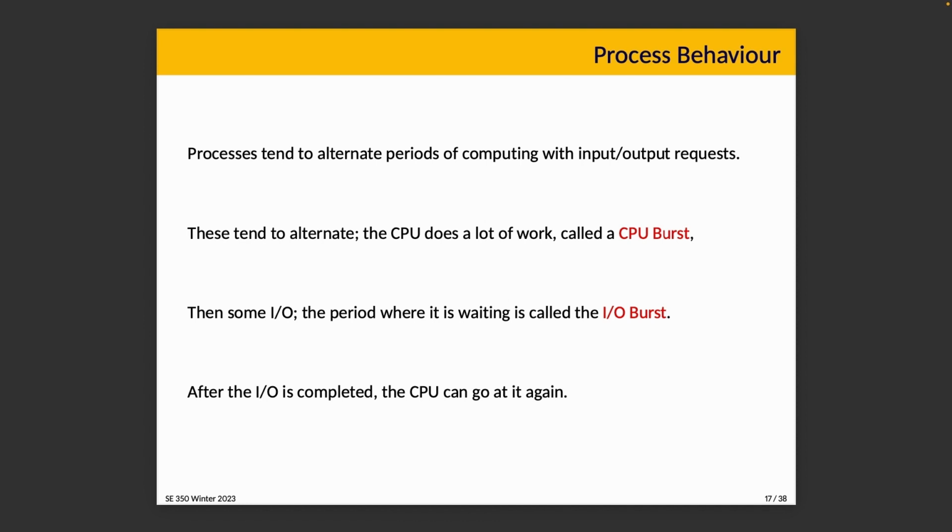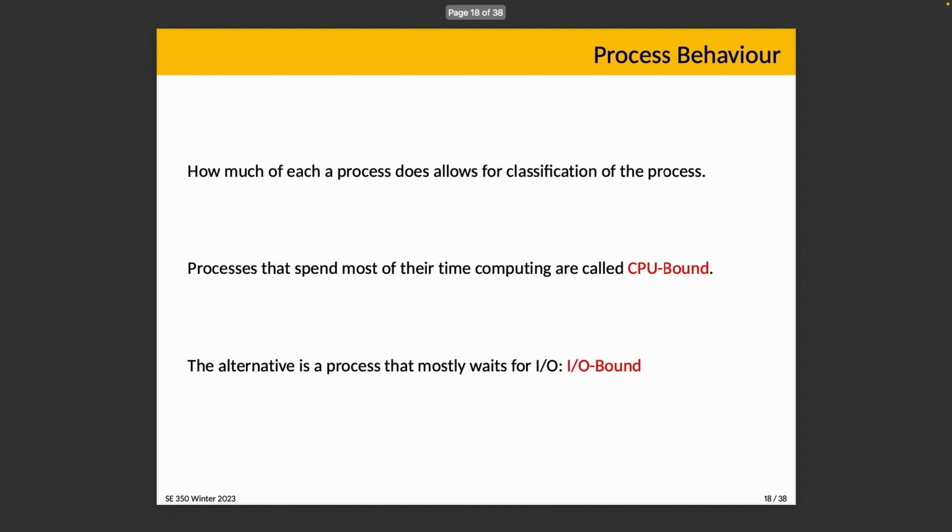And then there are programs that do very little to no I/O, and they spend all their time using the CPU, so they have a lot of CPU burst. It's not really a clear line between one and the other. You can think of it as a spectrum, and where they fall on the spectrum probably allows at least some degree of classification. So processes that spend, we'll say, most of their time computing are CPU bound.